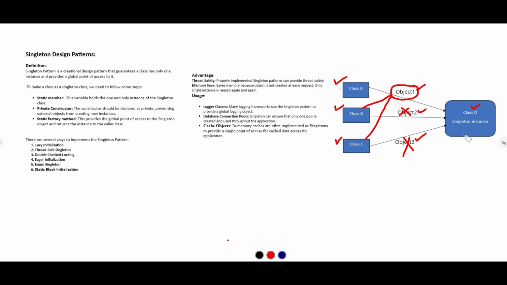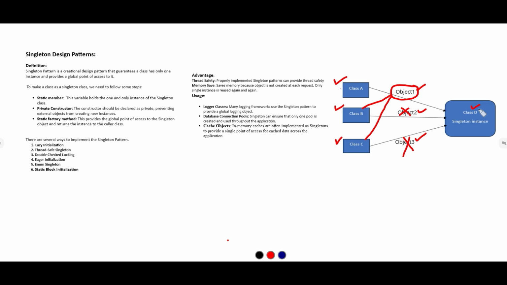Then we don't require object 2 and object 3. Got my point? So when we have only one object of a class, and that object is accessed by all other classes in your application, then we can say that class is a singleton class, having only one instance or object throughout our application.